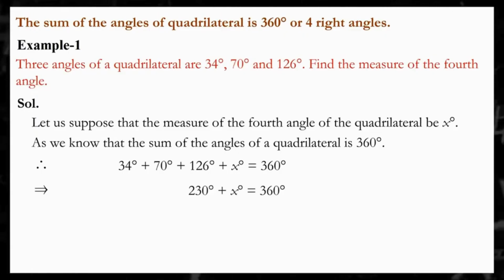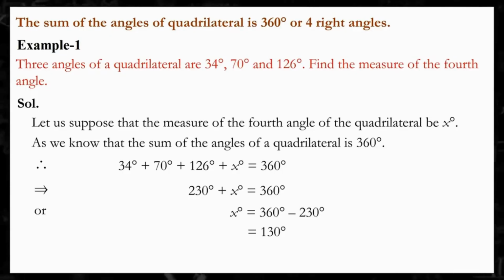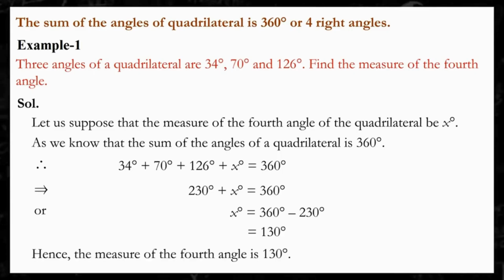This implies 230 degrees plus x degrees is equal to 360 degrees, or x is equal to 360 degrees minus 230 degrees, which is equal to 130 degrees. Hence, the measure of the fourth angle is 130 degrees.